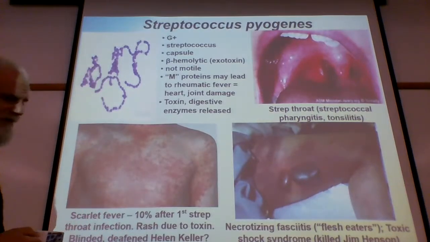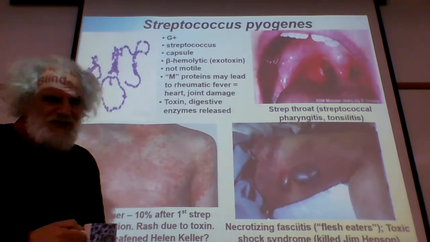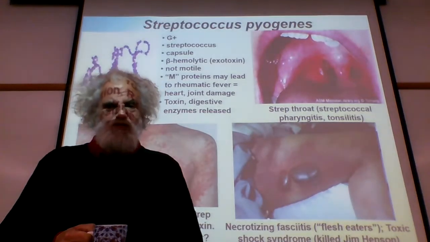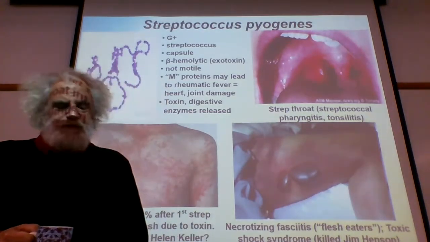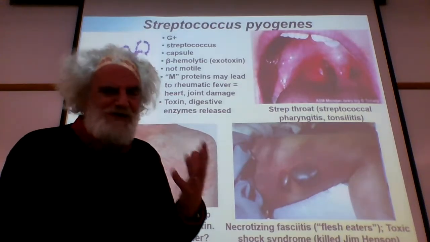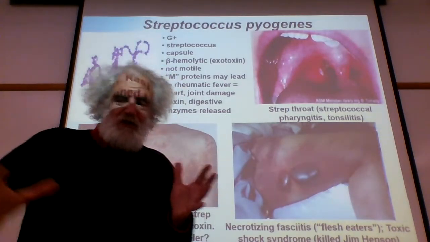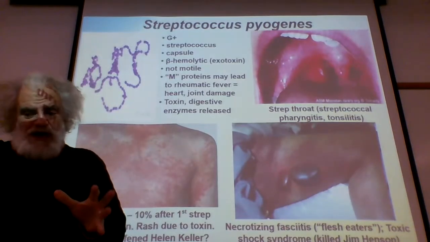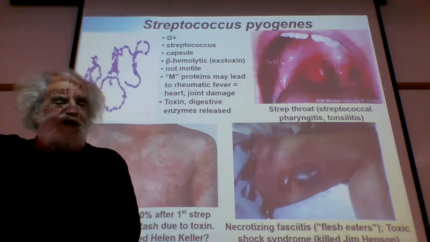Scarlet fever is one of these things that, as a cell biologist, doesn't involve a lot of human pathological work. I'm always questioning these old-fashioned terms. So scarlet fever is the result of a strep infection.